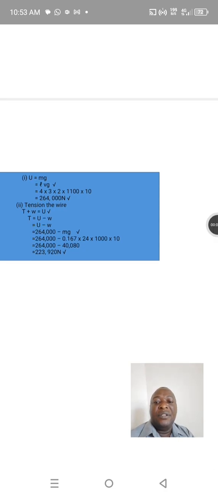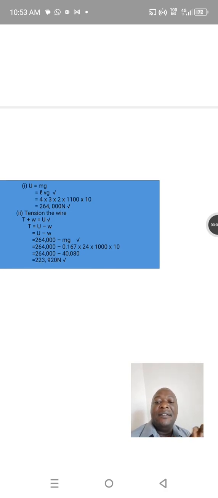Where rho is the density of the liquid, which is 1,100, V is the volume, which is 4 by 3 by 2, then times g, which is 10, to give us 264,000 newtons. So this is the weight of the seawater displaced, which according to Archimedes is equal to the upthrust. Therefore, we have responded to (i) of the question given.